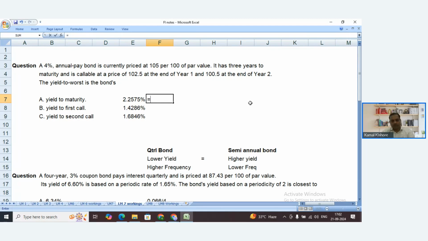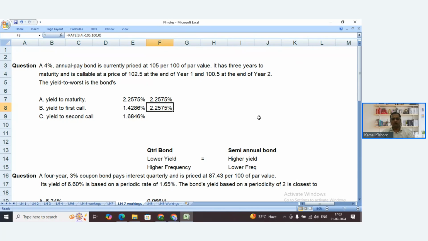Yield to maturity, rate per annual pay bond. 3 years to maturity, right? N is 3, PMT is 4, PV is minus 105, FV is 100. Right.